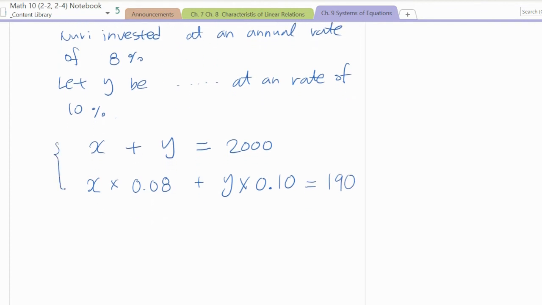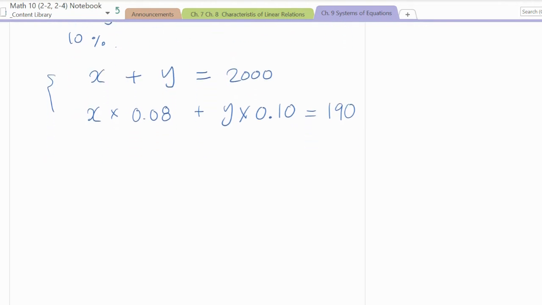As I said, when you have two variables, you should have two equations. So what I'm going to do is isolate one of the variables. So far we have only isolated y, so I'm just going to isolate x this time. So x plus y equals 2,000. I'm going to subtract y from each side. Then x will be 2,000 minus y. X is isolated.